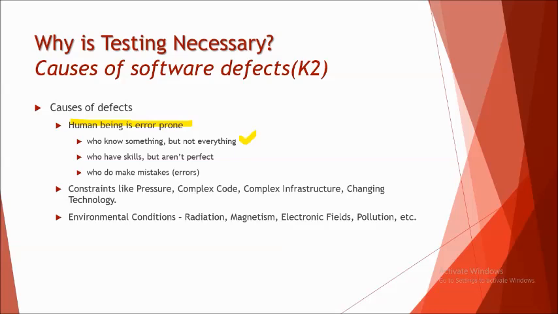Beyond this, there are also constraints like pressure, complex code, complex infrastructure, and changing technology. The trend says that during a project you do have a lot of pressures involved, like time pressure and pressure from the client about delivery on time. Strict guidelines can also be a part of it. Every day new trends are coming into the picture, including complex code.